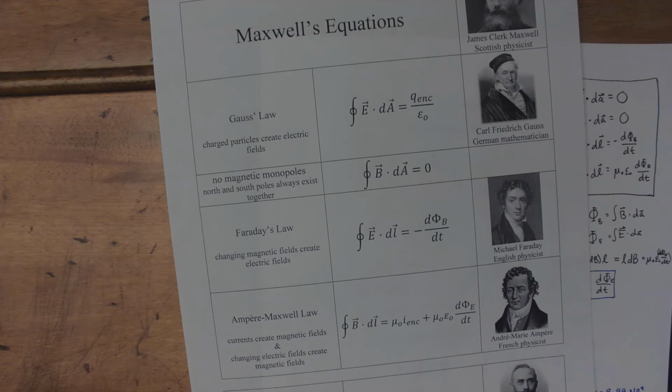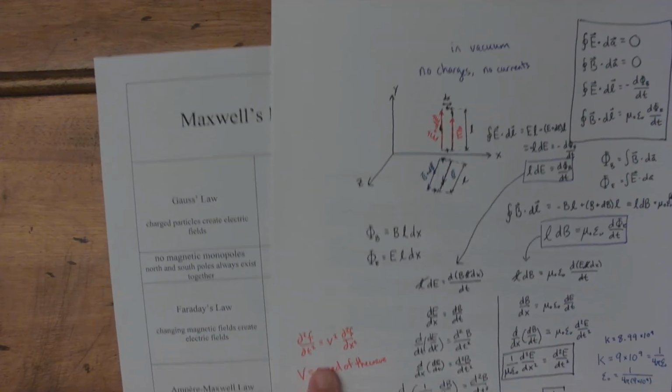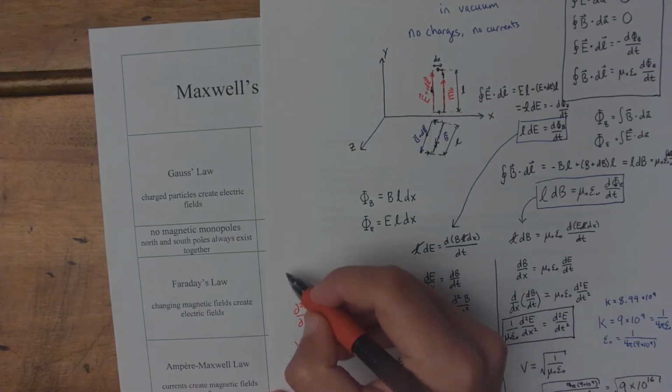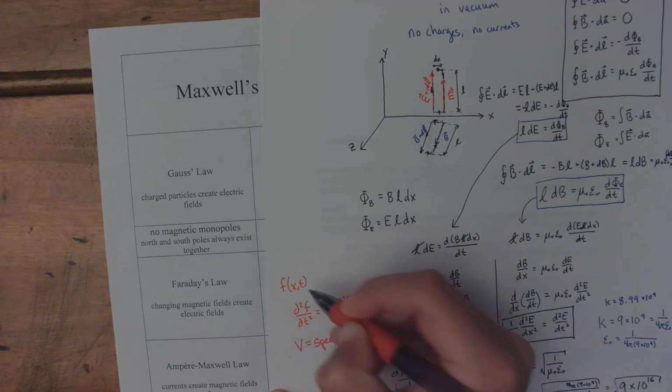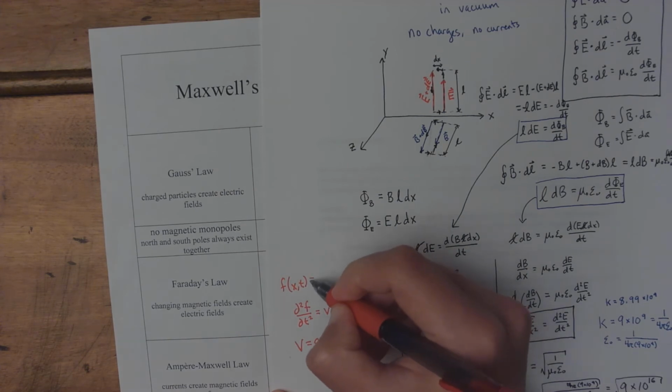So there's a little bit more to this story. If we go back to my general wave equation here, f is a function of x and t, because you're taking derivatives with respect to t and with respect to x.